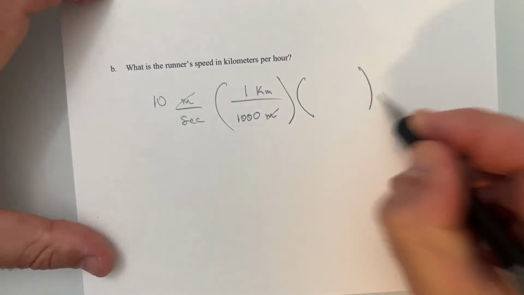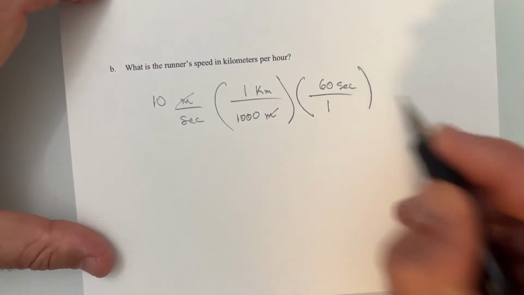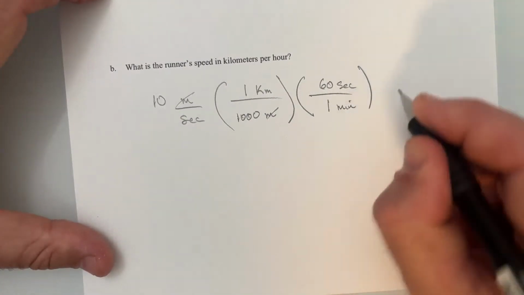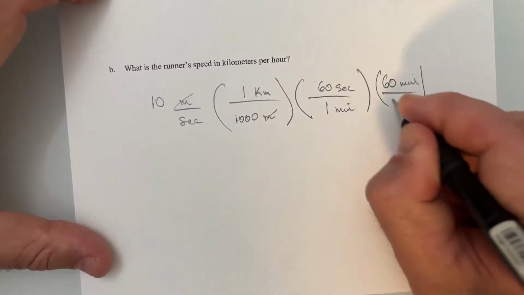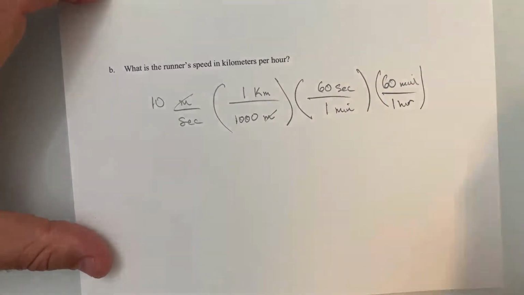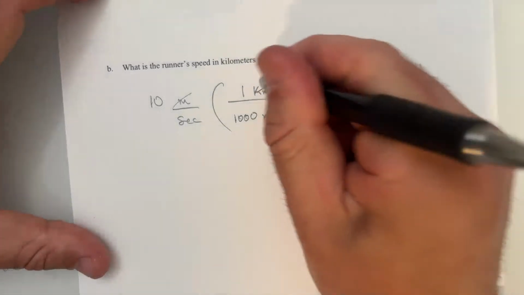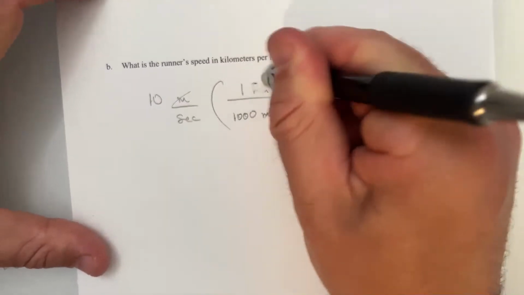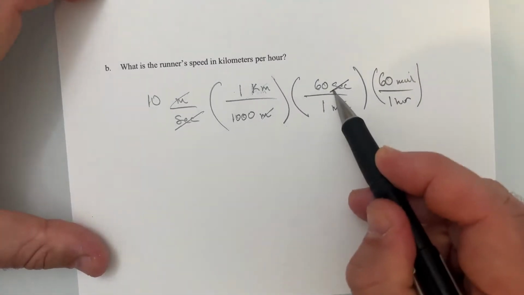So if I want to show this other work, there are 60 seconds for every 1 minute. And then there are 60 minutes for every 1 hour. Okay, and then if we carry all that out, the kilometers is what we want. So kilometers per hour. Notice everything else actually cancels.